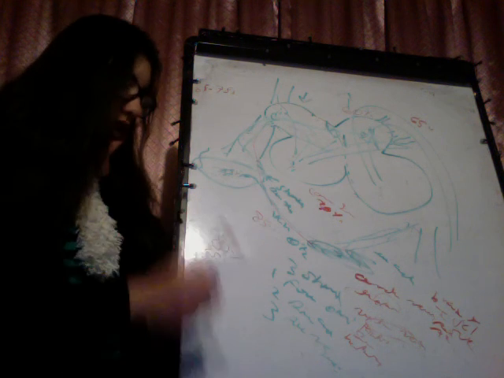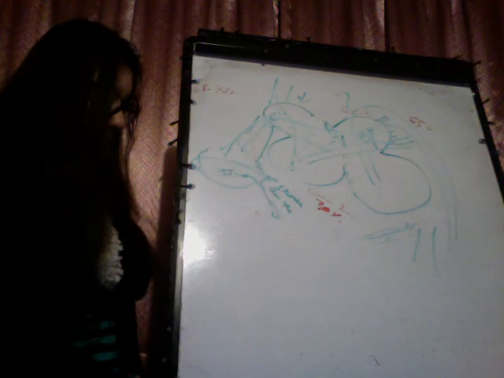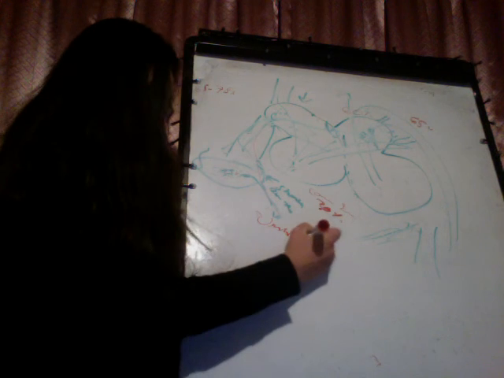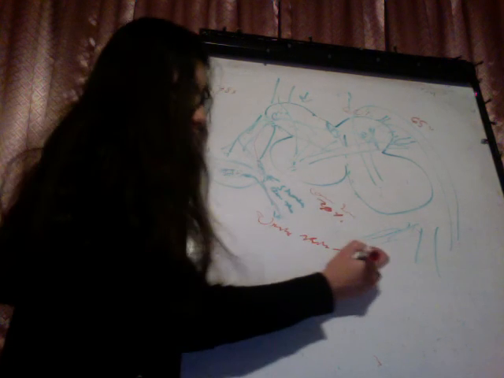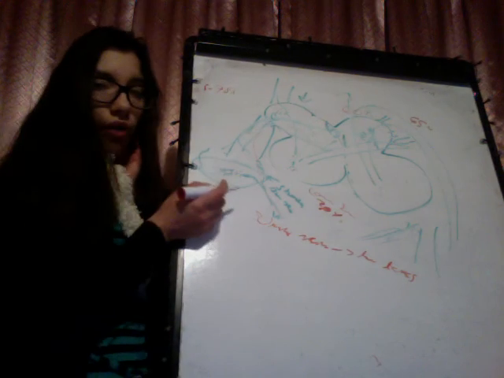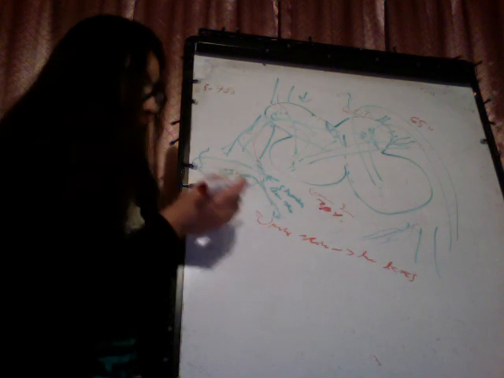Alright, now derivatives. The remnant of the umbilical vein is the ligamentum teres, or round ligament of the falciform ligament of the liver.